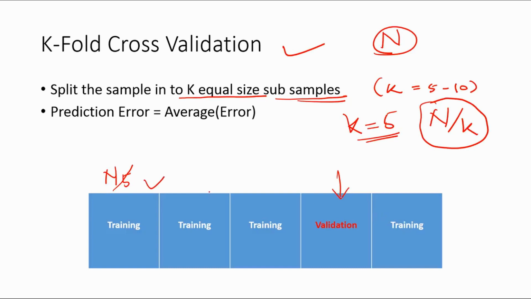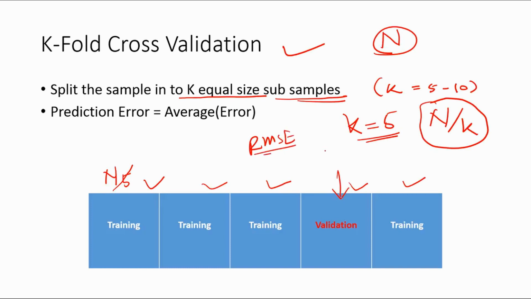This is a training subsample, training subsample, training subsample, but the 4th one is a validation one, and then you take the 5th one as a training sample. So we build a model by using the data for the training samples and use the validation sample to validate it. So how do we validate it? The way we did in the previous slide. We'll use the same root mean square error.